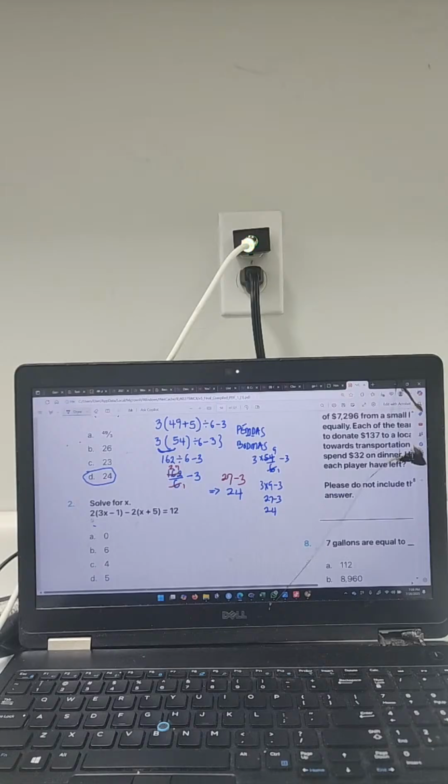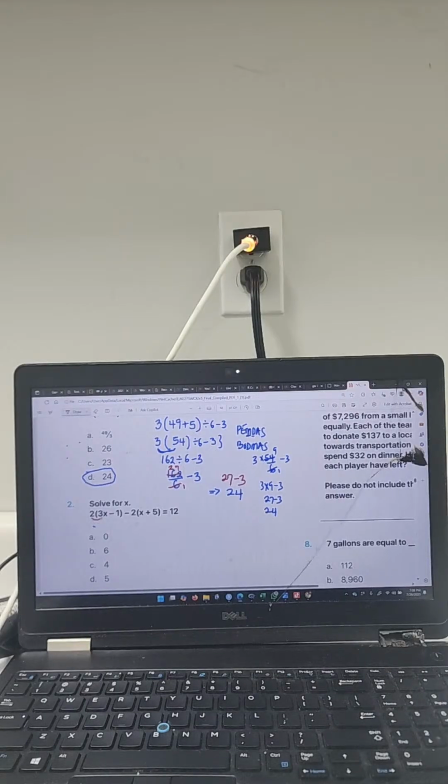Now, what we just want to do here is to distribute. So here we are distributing 2. 2 is multiplying 3x. Here we have figures and a variable, which is the unknown variable x. This is what makes this an algebraic equation. So 2 times 3 is going to be 6, and put a variable x.